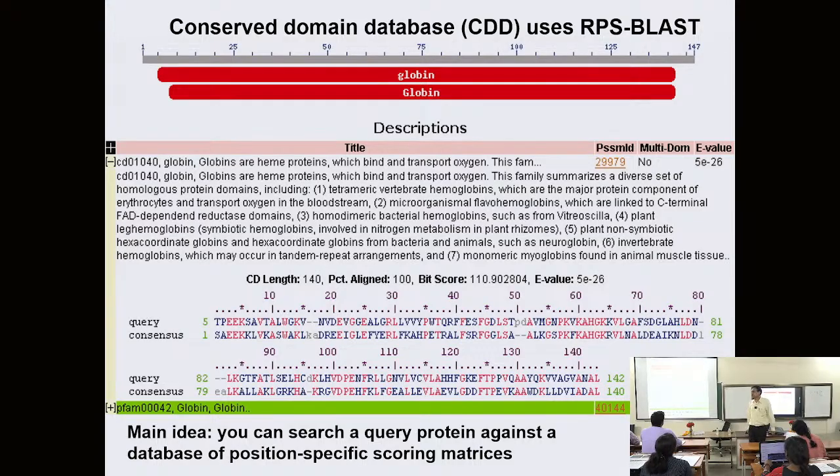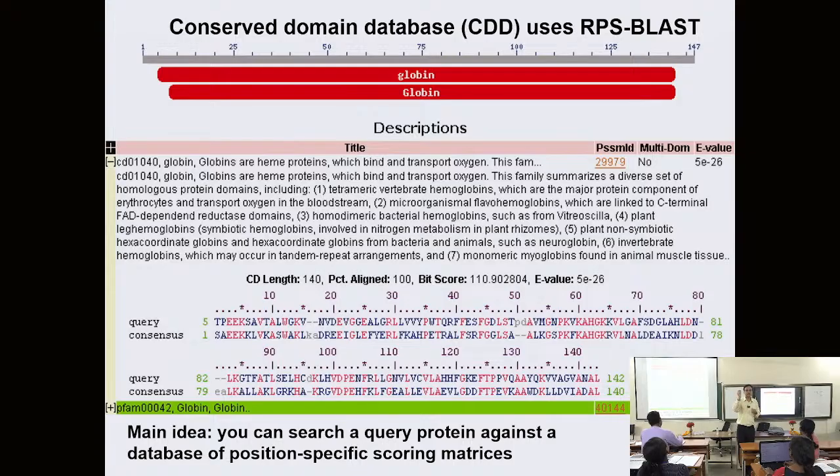Okay. So what people have done, they have made a position specific scoring matrix for each protein family. So now there is a database of position specific scoring matrices representing many different protein families. Okay. CDD, the conserved domain database.